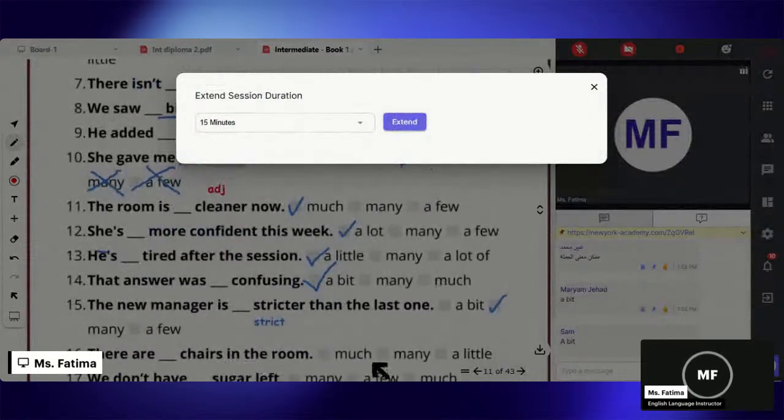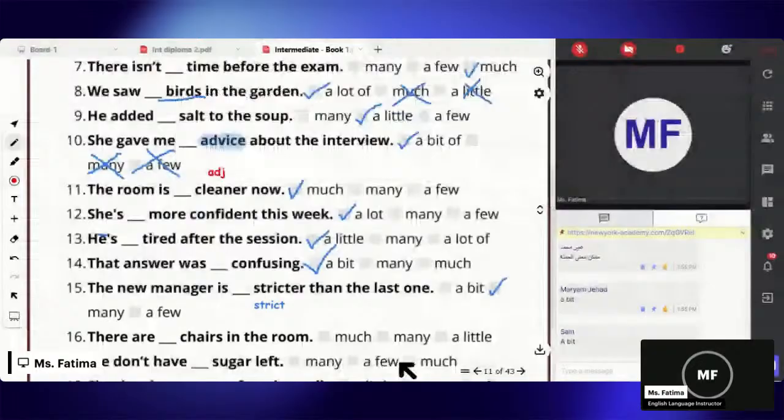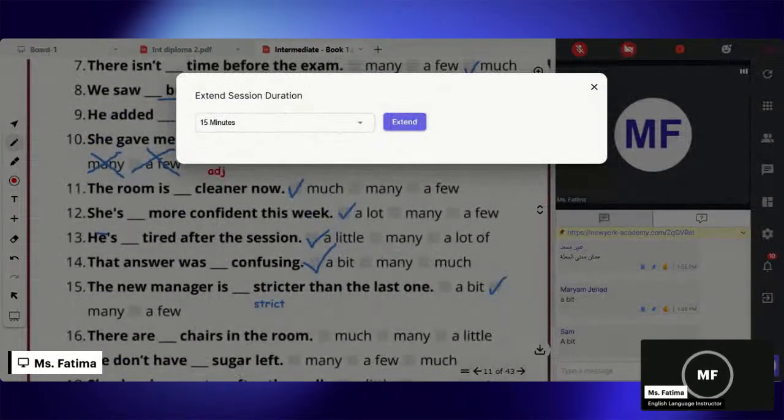there are much chairs, there are many chairs, there are little chairs. Chairs is in the plural form. That's an easy peasy one. Yes, excellent. Very good.